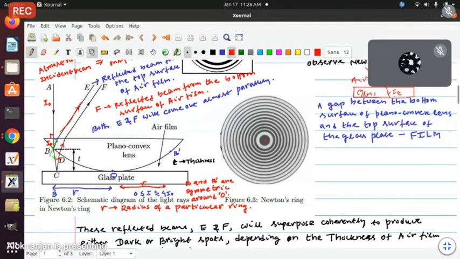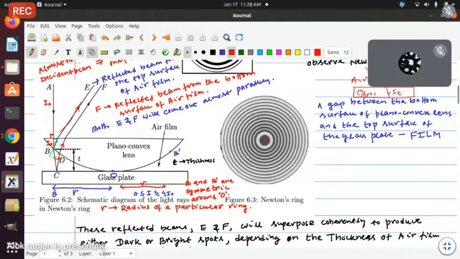And since they will travel simultaneously, as per the definition of superposition, these two beams can superpose, and then the intensity will distribute between minimum and maximum, right? And that might lead to such kind of patterns, bright and dark patterns.